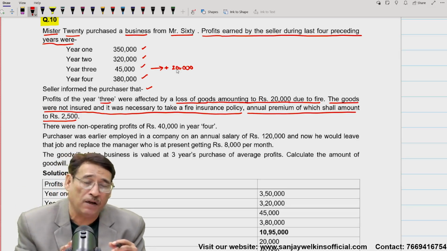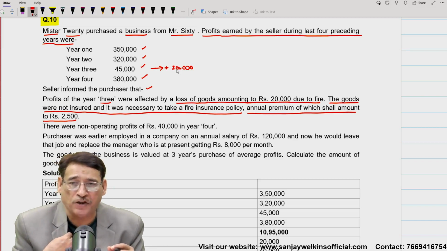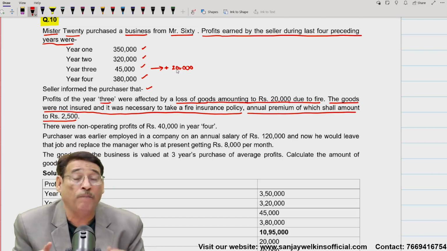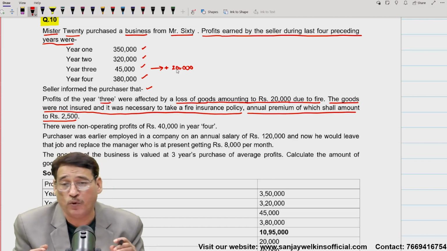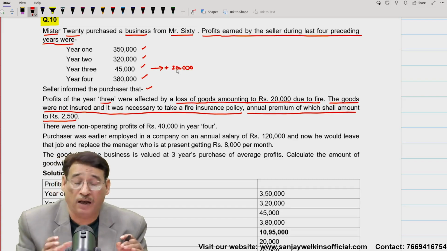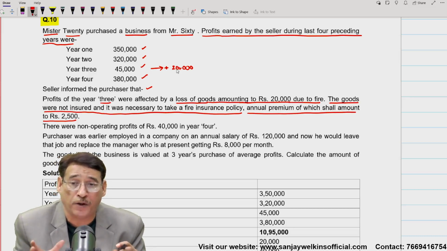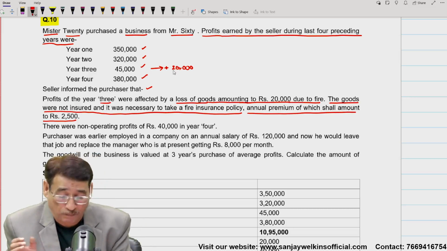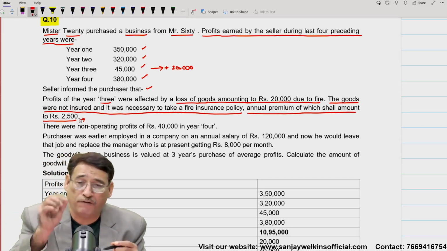So I can assure myself that this loss will not take place, but at the same time, I will have to take an insurance policy on an annual premium of 2,500. So we will see that the abnormal loss is added, but 2,500 will become a future expense. We will adjust it under the future adjustment.